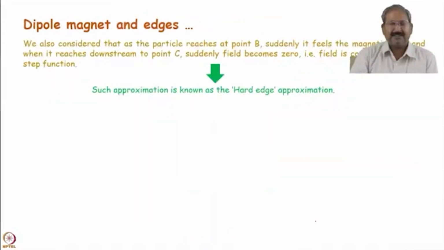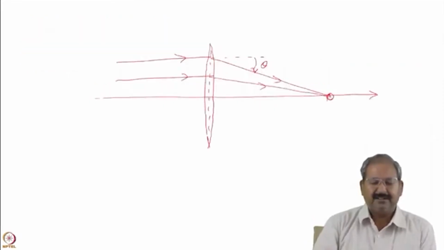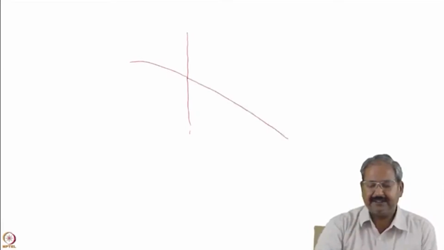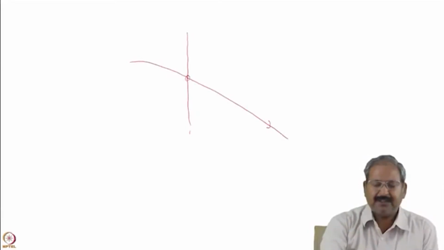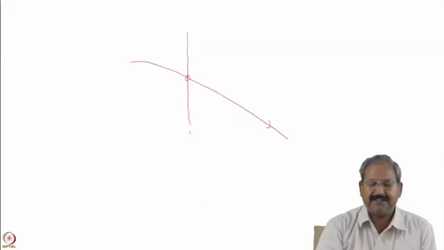Now in the case we considered here, this is the edge and the trajectory is going like this. Up to this point we have curvature in the design trajectory, and after this point the design trajectory is straight.